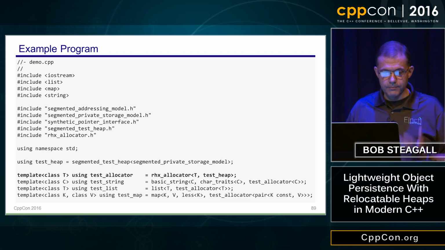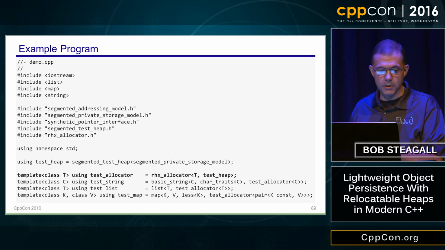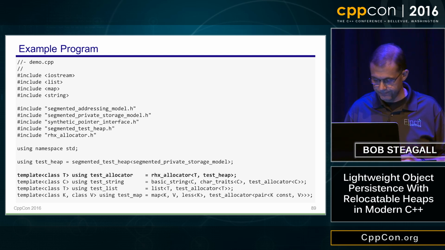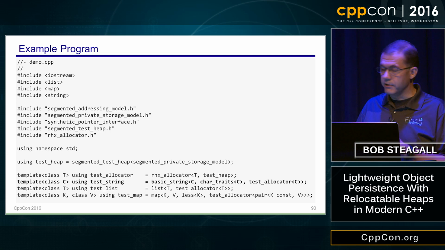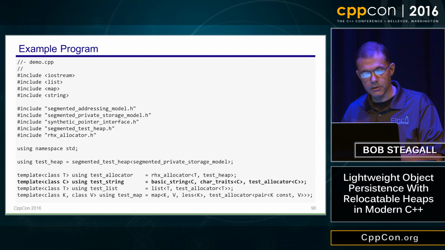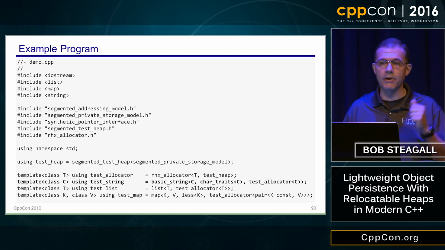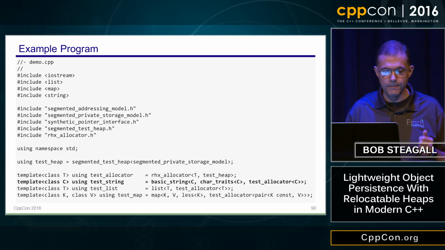I'm going to define our test allocator, binding the heap argument of our allocator type and only allowing the element type to vary with this parameterized alias. Likewise, I'm going to define a test string by binding the character traits and the allocator type, but allowing the character type of the string to vary.